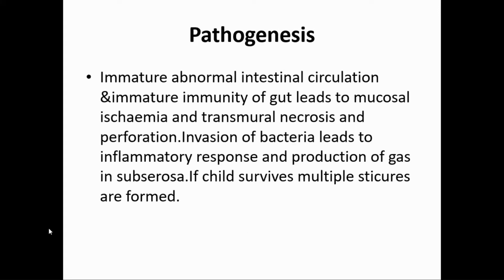Now, what is pathogenesis? Immature abnormal intestinal circulation and immature immunity of the gut lead to mucosal ischemia, transmural necrosis, and perforation. Invasion of bacteria leads to inflammatory response and production of gas in the subserosa. If the child survives, these multiple necrotic lesions will heal and form strictures.